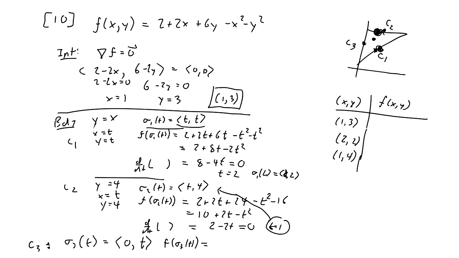So that's 2 plus 0 plus 6t minus 0 minus t squared. So if I take the derivative and set it equal to 0, I'm going to get 6 minus 2t equals 0. So t equals 3. And plugging that t equals 3 back into the parameterization sigma 3, I get 0, 3.